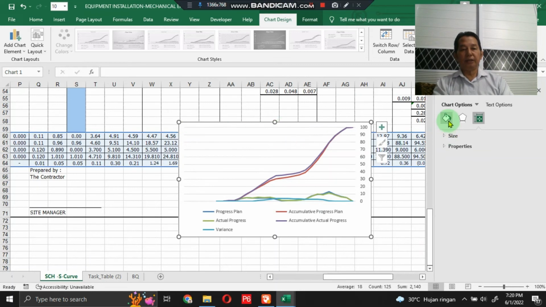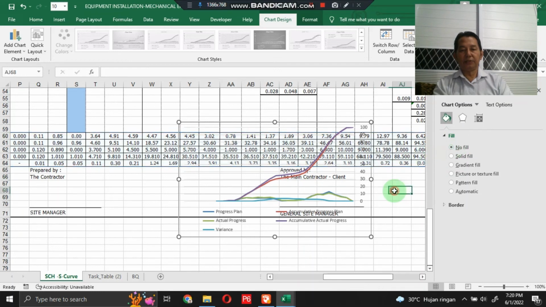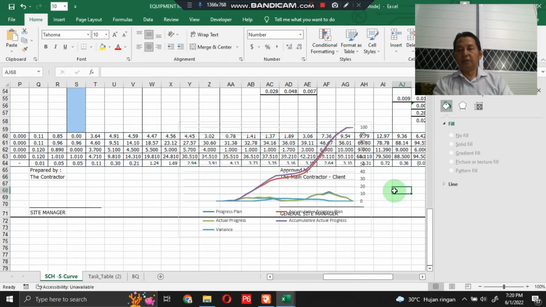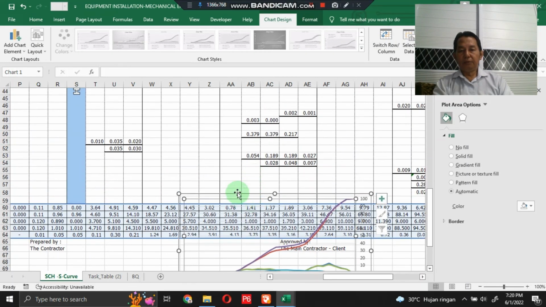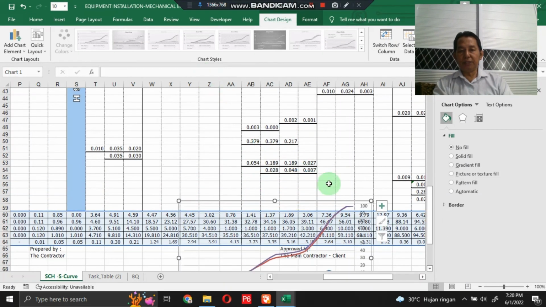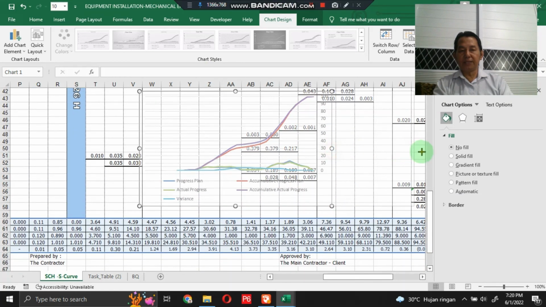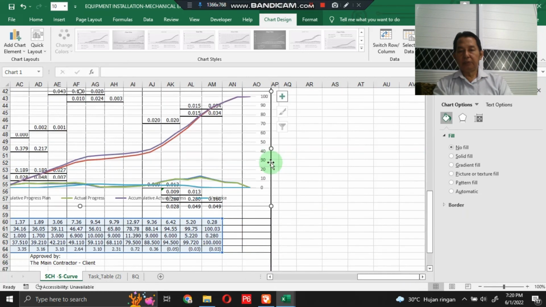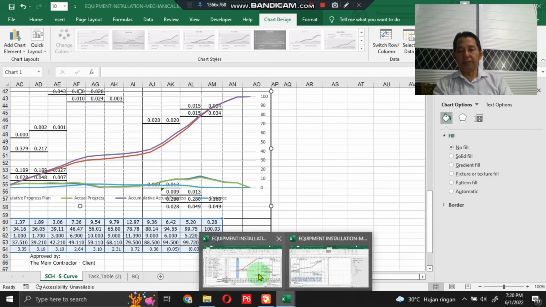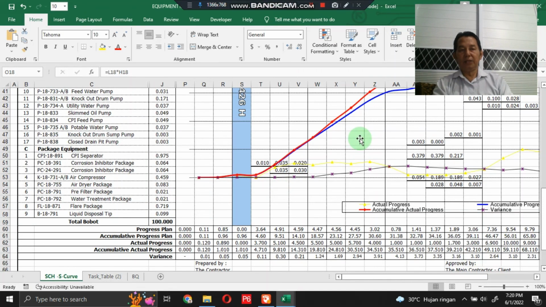Then we select fill, choosing no fill, so the curve is transparent and doesn't cover other parts in the schedule. Then we move it to the middle of the schedule and adjust the size. And the final S-curve should be like this.